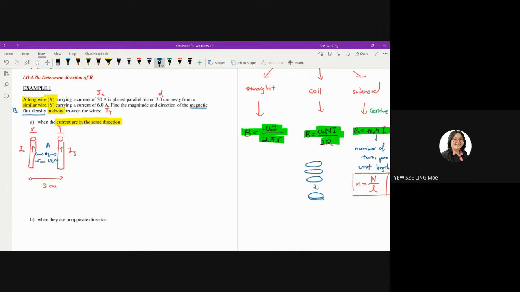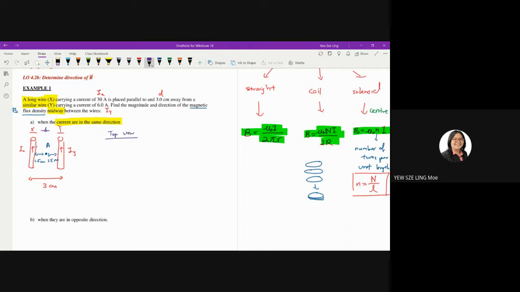Now, for you, a new learner, new to this topic, I would encourage you to sketch the diagram from the top view. Of course, if you think you're confident enough to use a 3D diagram, it is totally up to you. But in the exam, I would encourage you to use a top view. So let's say top view. This is the top view.